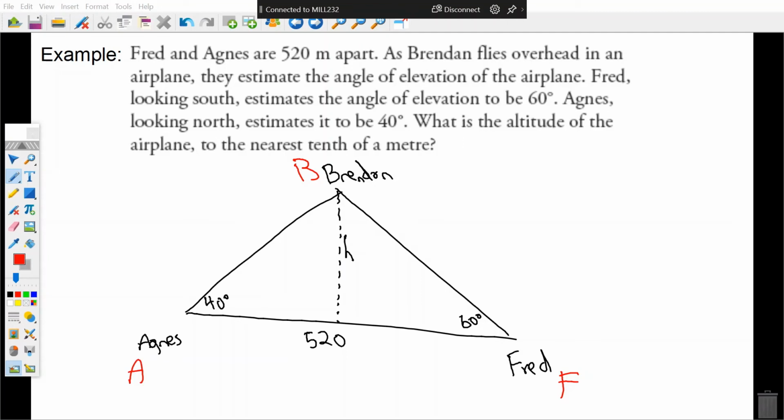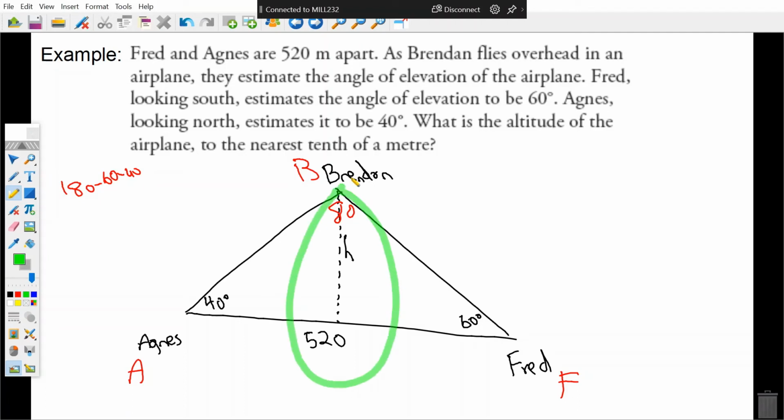Yes, we could, because we know 2 angles in the triangle, 40 and 60, so I can go 180 minus 60 minus 40. This angle here is 80 degrees. Now, I have an angle side pair, right? I've got an angle of 80 and a side length of 520.